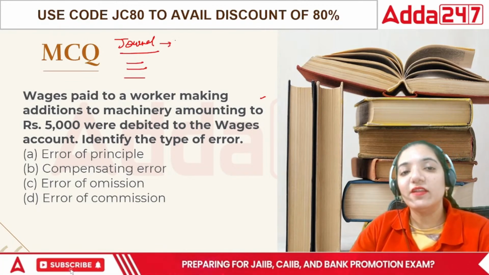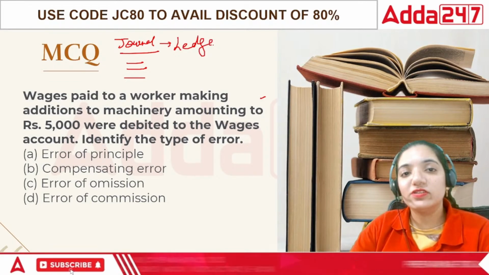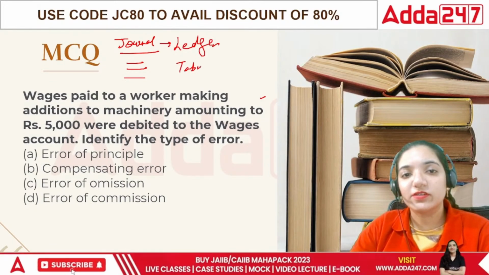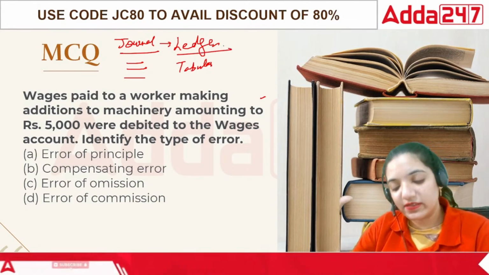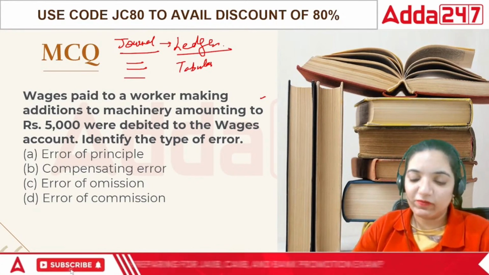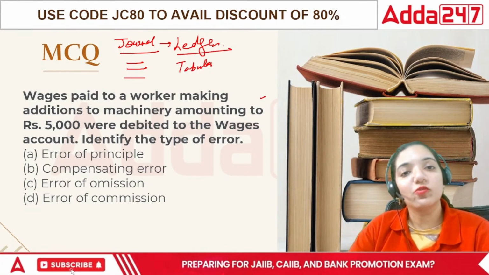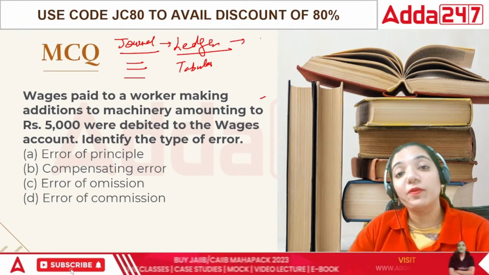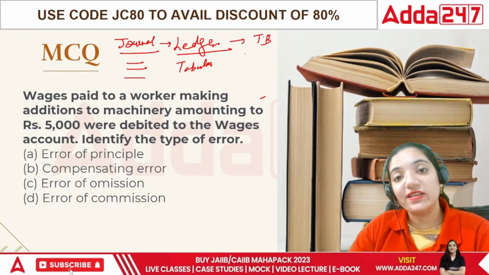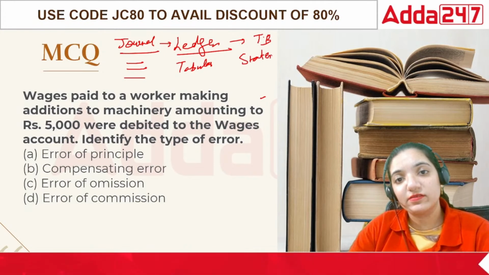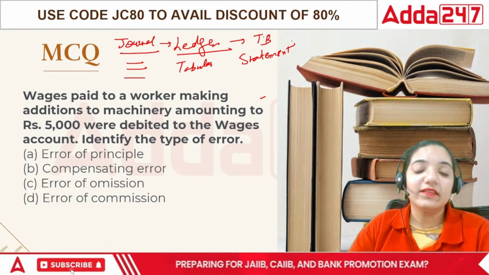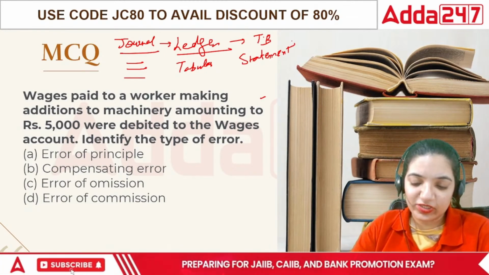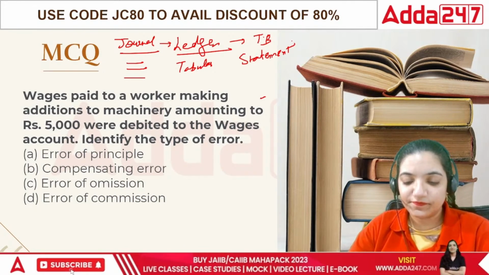That is journal. Then we create a ledger. Ledger is basically the tabular form of it, which means you will create it in table form. Whatever you're getting, whatever you are losing, all those things are noted down there. Then you prepare a trial balance, which is actually a statement that they prepare ultimately.